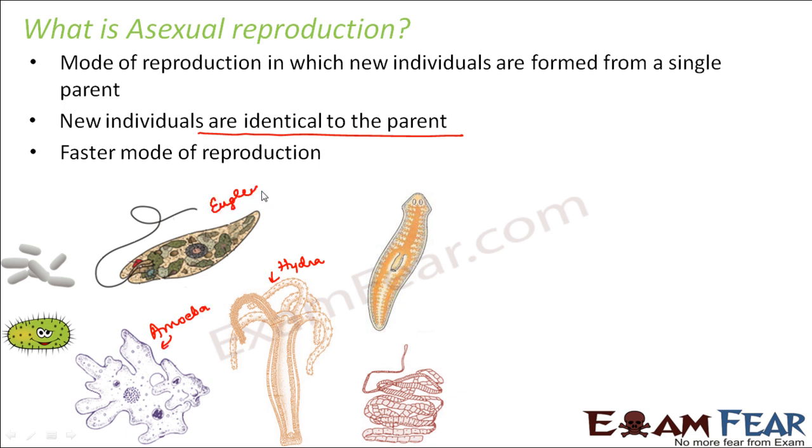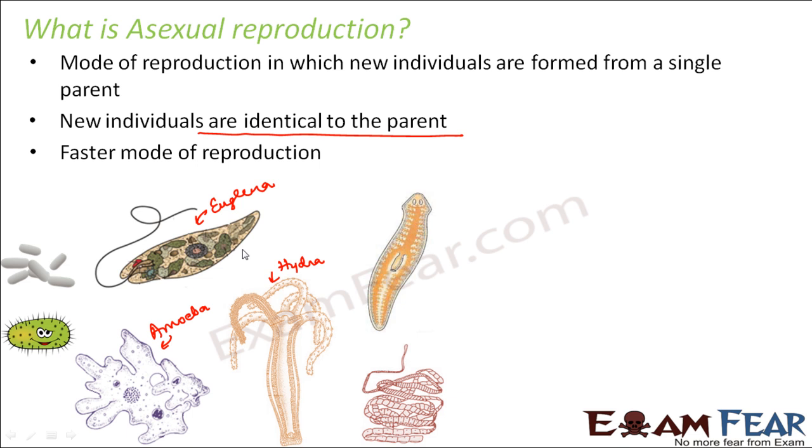Euglena. You might not be familiar with these names, but these are very tiny organisms which cannot be seen with the naked eye, and a lot of them are not seen around us. Some of them live in the oceans, some are found in moist and damp places.